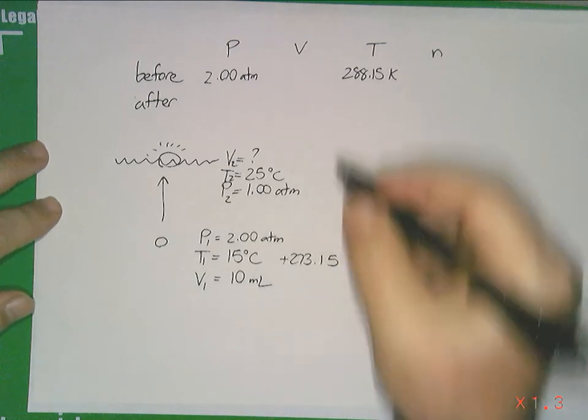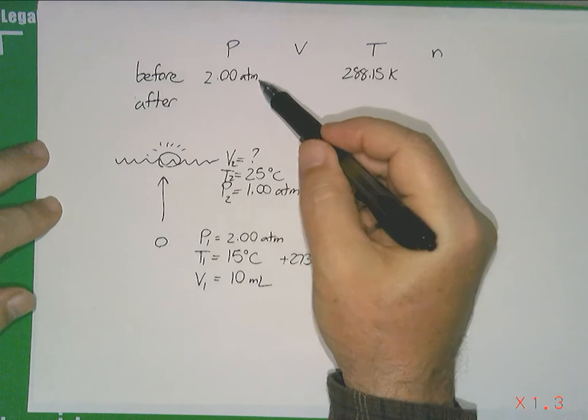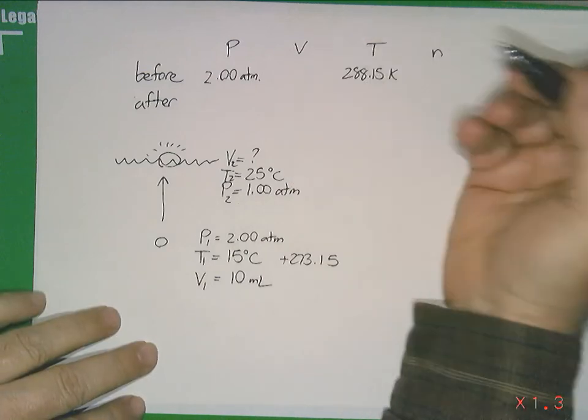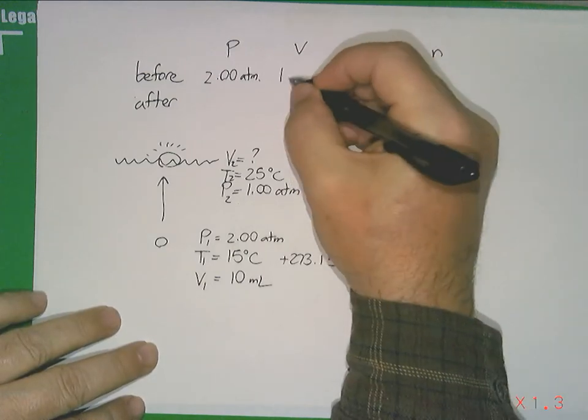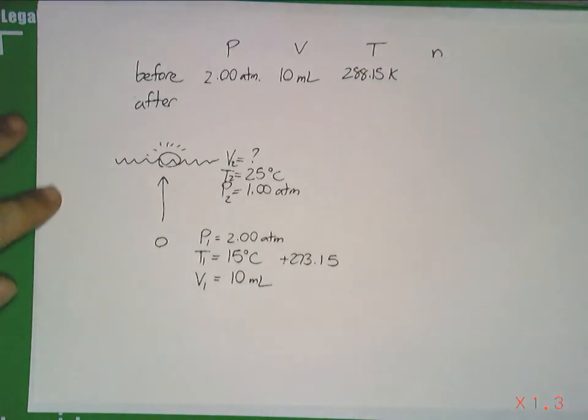And the volume before was 10 milliliters. Now, I know that if I'm using atmospheres for my pressure, it's going to be easier for me to do calculations if I put liters here. And I can do that, but let's try this. I'll just put the 10 milliliters in there just the way it is and see where this goes.